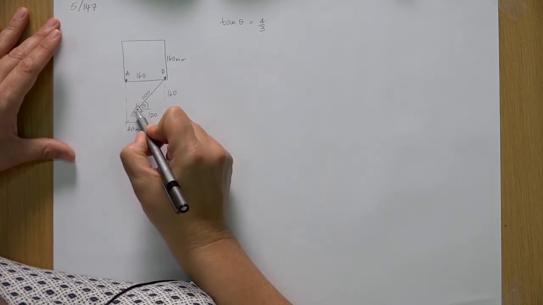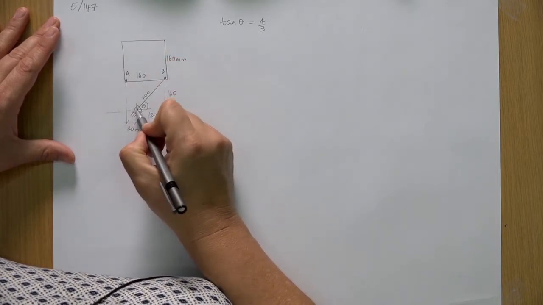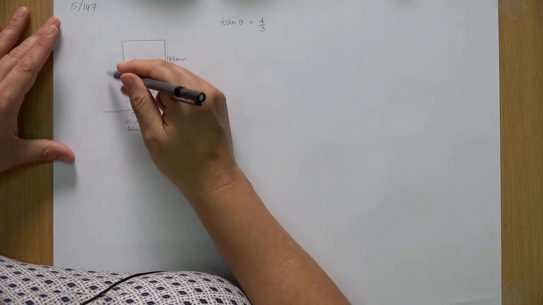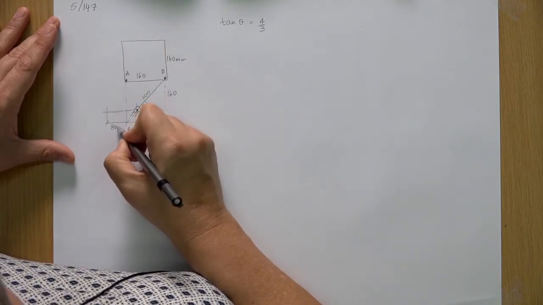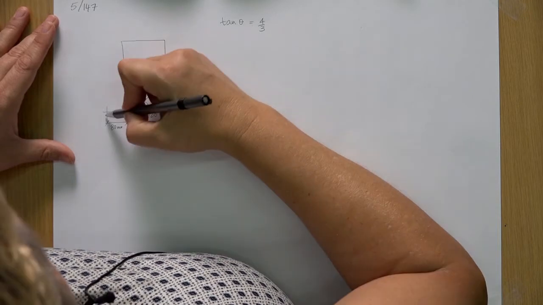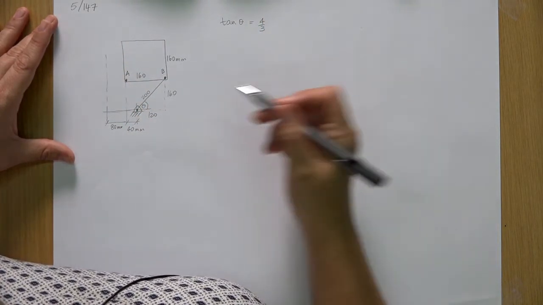Okay, then here we have another 80 millimeters, and that lines up with the line on which point O goes.